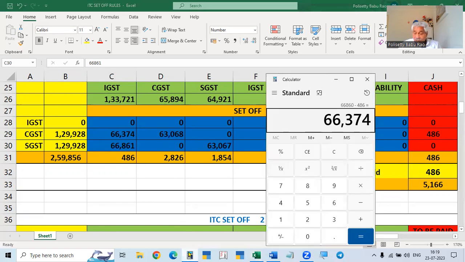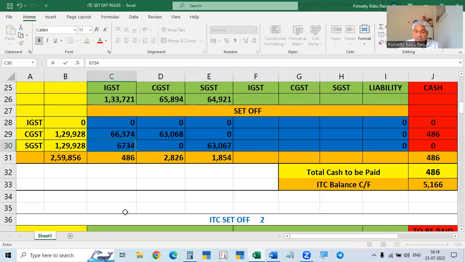We have to increase this by 486. 972 divided by 2 is 486. So 66,861 plus 486 is 67,347. See here.